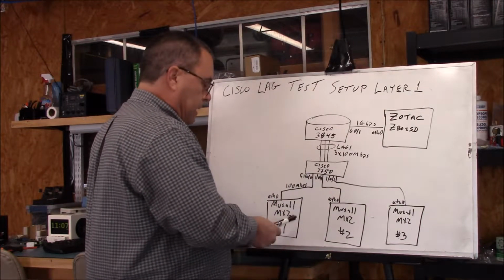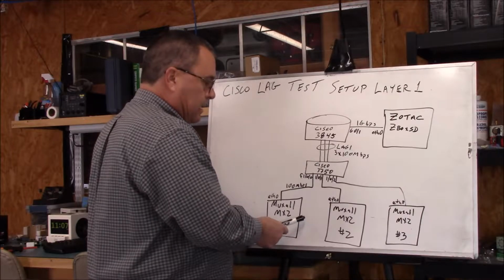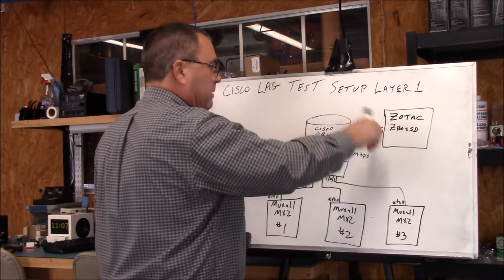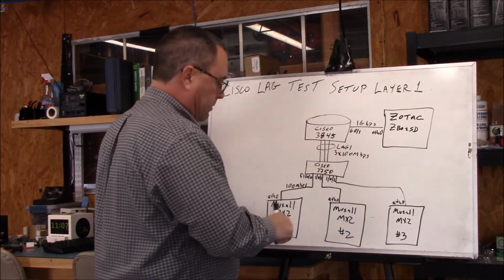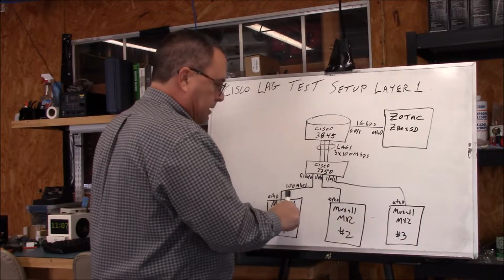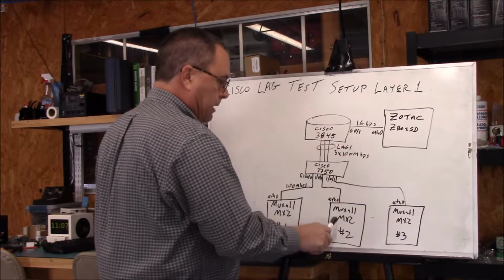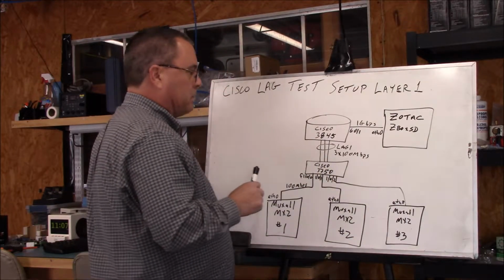For traffic coming up this way, it should load balance per originating MAC address. So what I expect to see is, since these have different MACs, it will put each one of these devices on a separate link, which is what we're expecting.